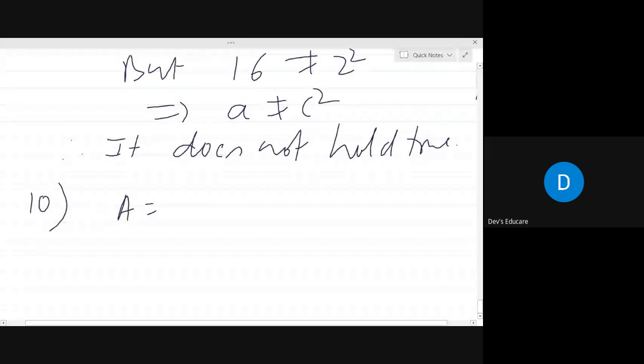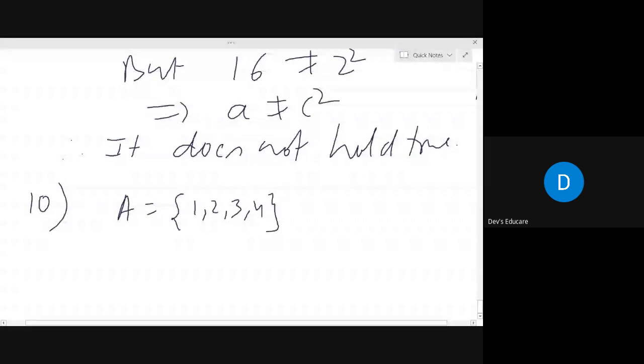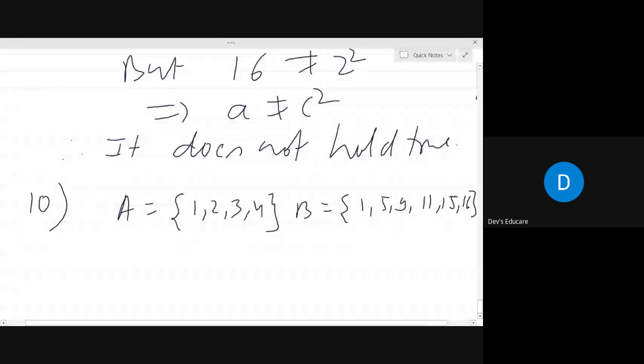A equals {1, 2, 3, 4}, B equals {1, 5, 9, 11, 15, 16}, and F is given.